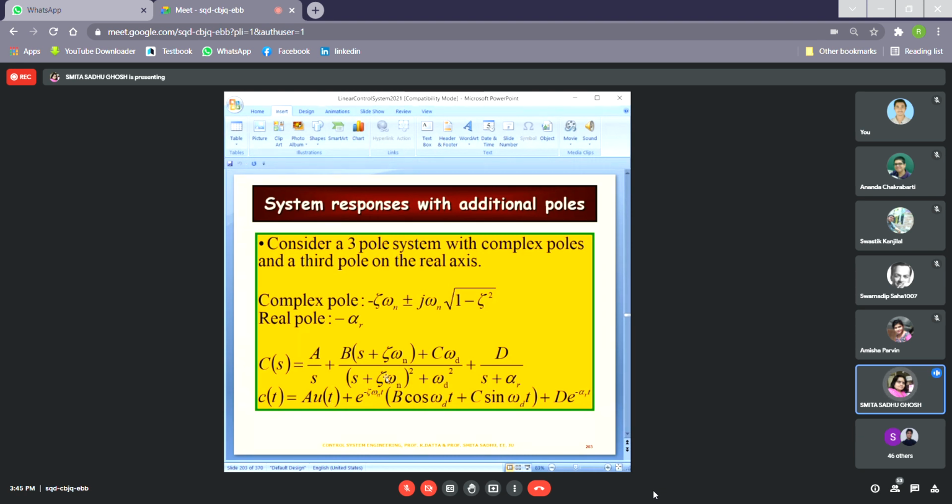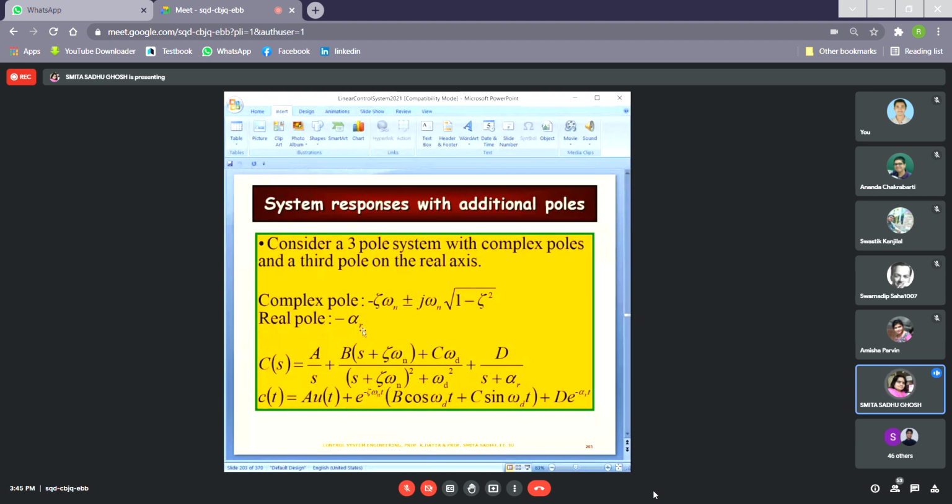The second one you see is an exponential envelope with a sinusoidal term. You can combine these into a single sinusoid. So basically a sinusoidal term with an exponential envelope is what you have in the second term. The third one is the added one, where we find a constant times e to the power of minus alpha r t. Now this minus alpha r is the pole that we had placed.